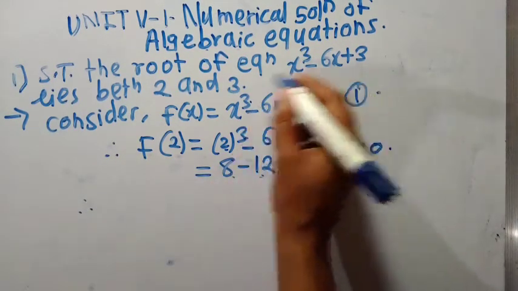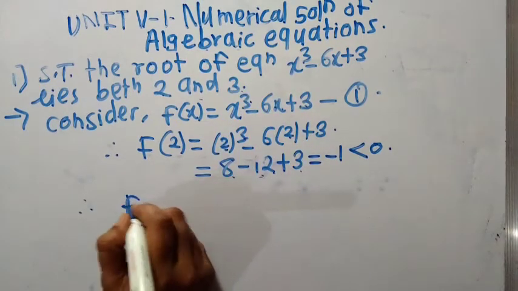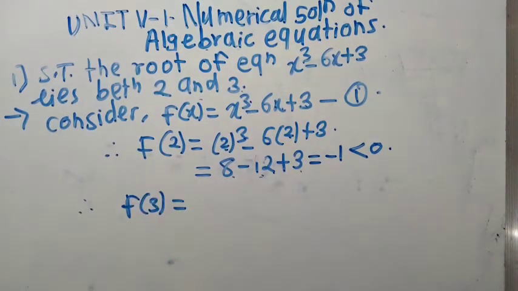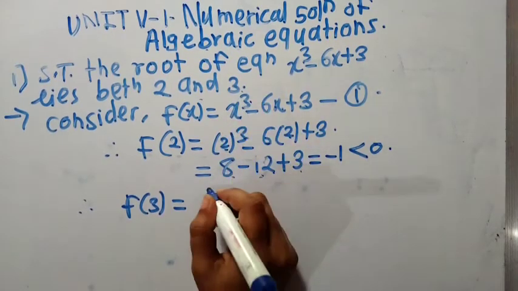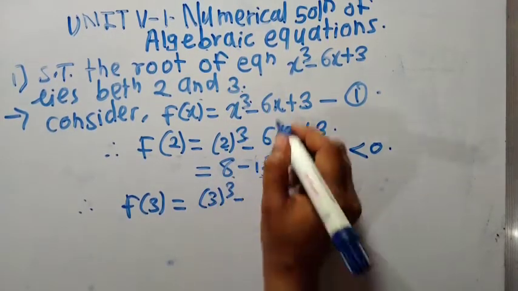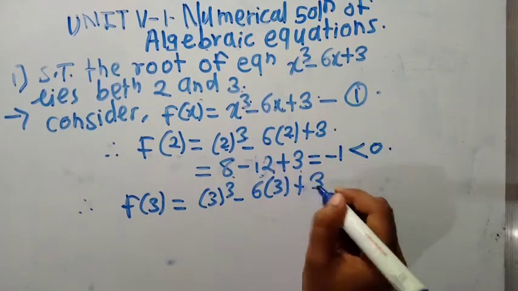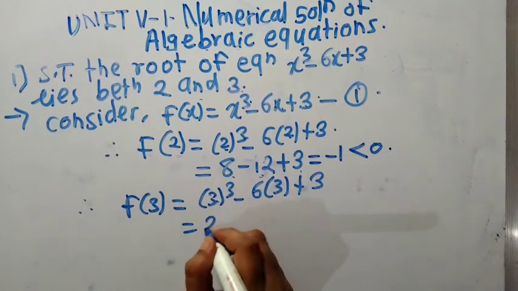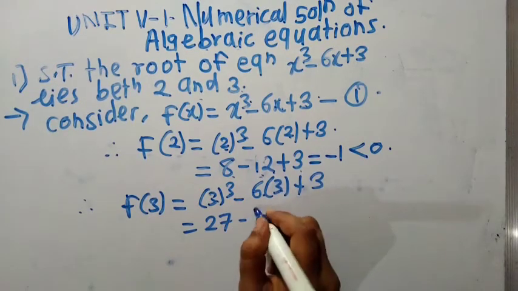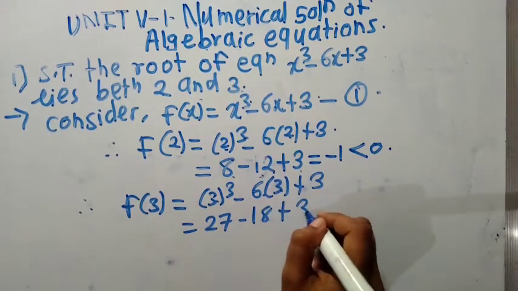Then put x is equal to 3. So f of 3, which is equal to 3 cube minus 6 into 3 plus 3, means 3 cube is 27, 6 into 3 is 18 plus 3.